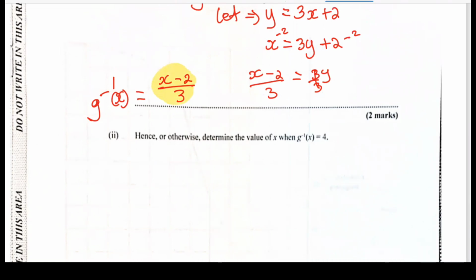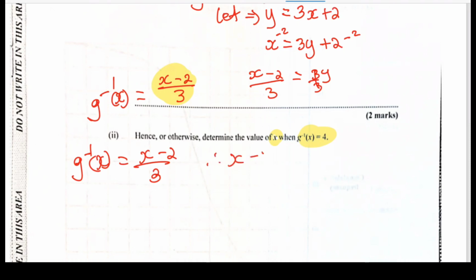And they are saying hence or otherwise determine the value of x when this is equal to 4. Well, we know that the inverse of g of x is this. And you want me to tell the value of x when it is equal to 4. Okay, therefore, I will just let this equal 4.